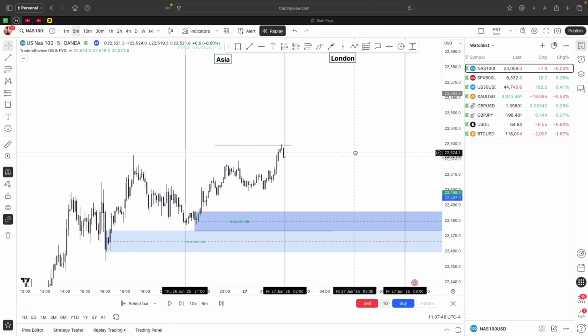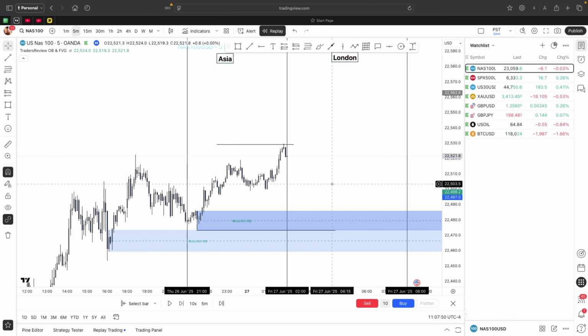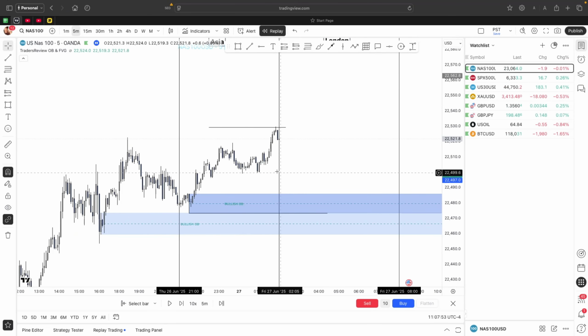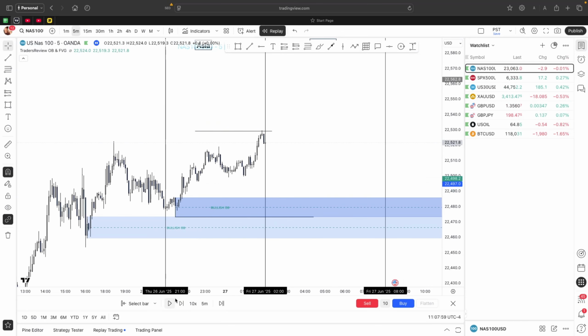So as you can see, there's nice order blocks resting down here. So ideally, we want liquidity to be swept first before we enter from an order block. So let's play price forward, see what happens. We are pushing to the upside. So we are clearly above the Asia highs.